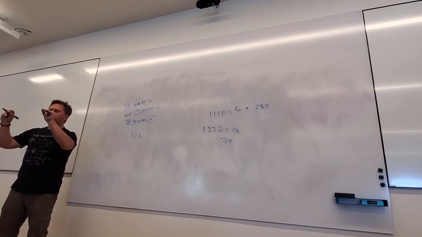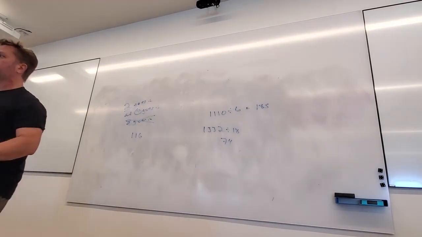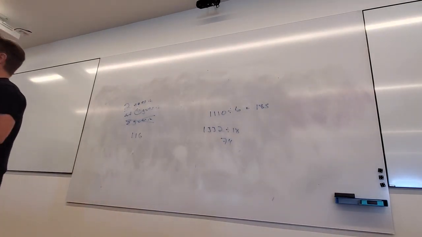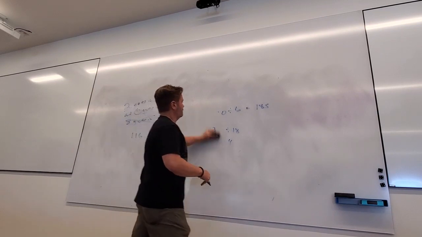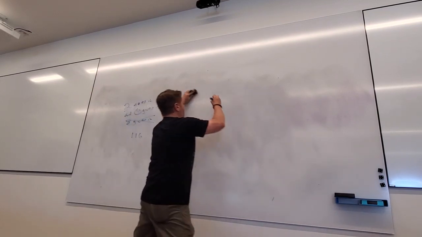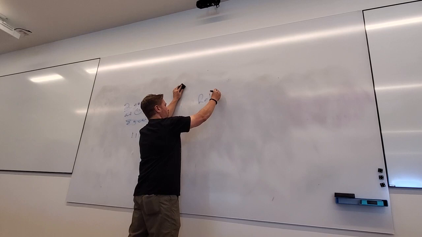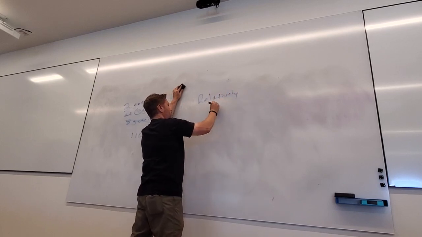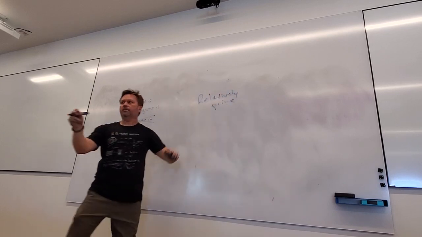So here's a really cool idea. This is not just applicable here, and it's one of my favorite phrases in mathematics. The phrase is relatively prime. We all know what prime means, yes?